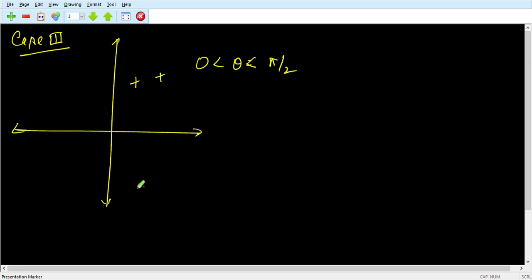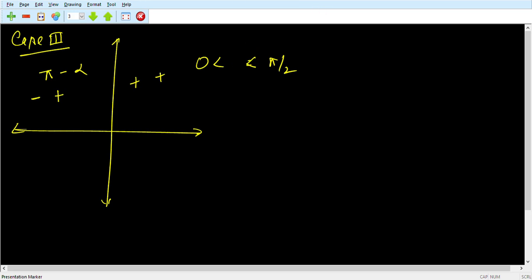If the real part is negative and the imaginary part is positive, then theta will lie in the second quadrant, and we should write theta as pi minus alpha. It's better to write alpha instead of theta because theta may be any value.